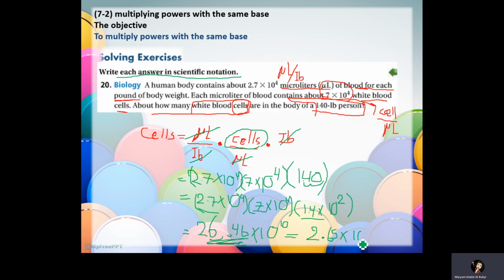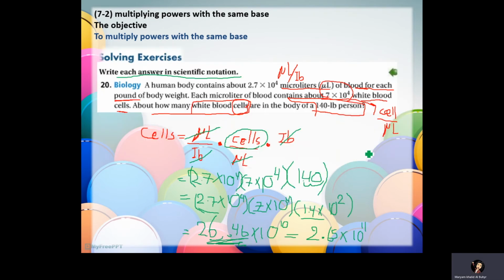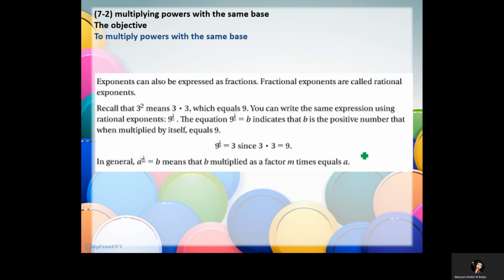So 10 to the power 11. So that's the answer for this extra question for problem 3. Make sure that you try it once you watch my video.